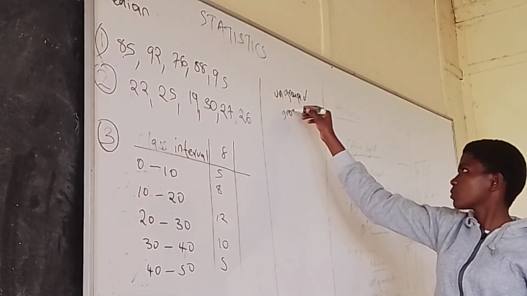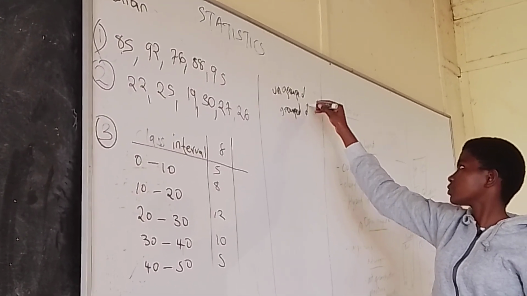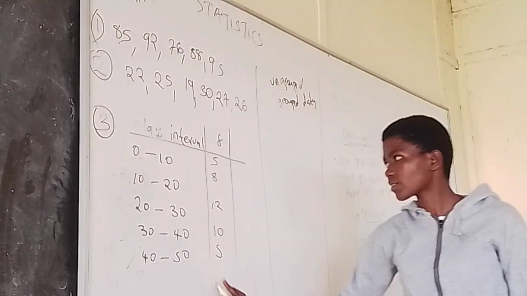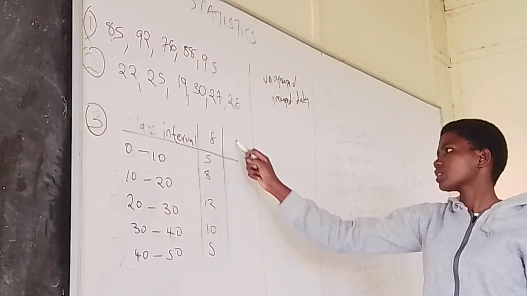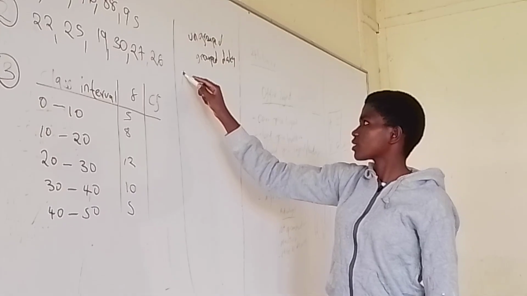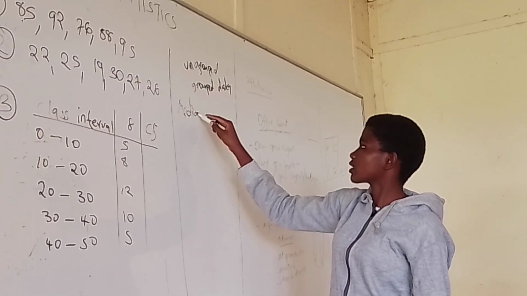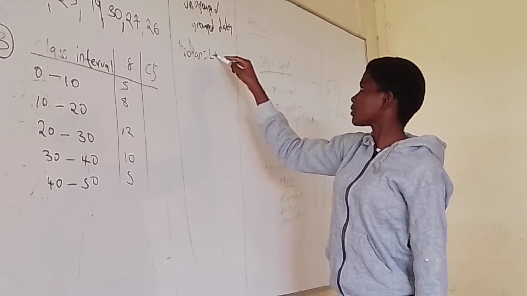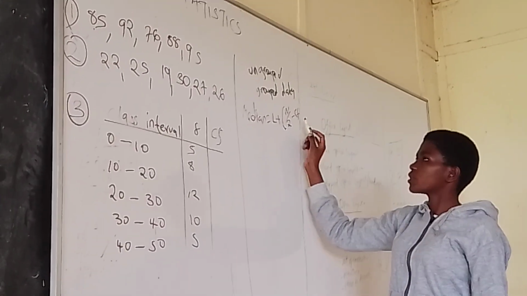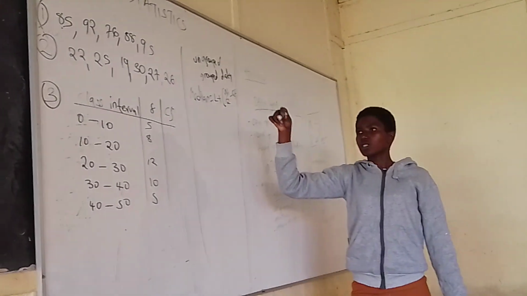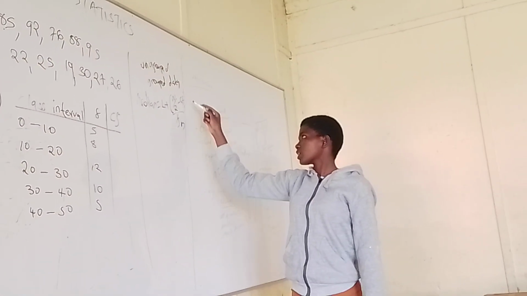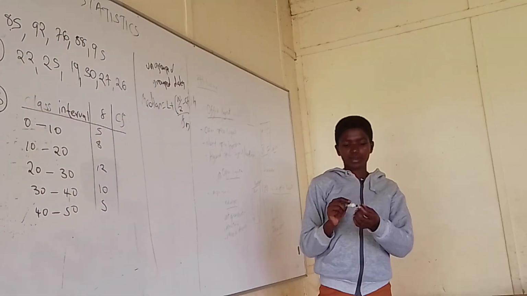Then to find the median of grouped data, you write them in form of class intervals, you find the frequency and cumulative frequency. Then you use the formula for finding the median, which is L plus N over 2 minus the cumulative frequency of the class preceding the median class, divided by the frequency of the median class, times the class interval.